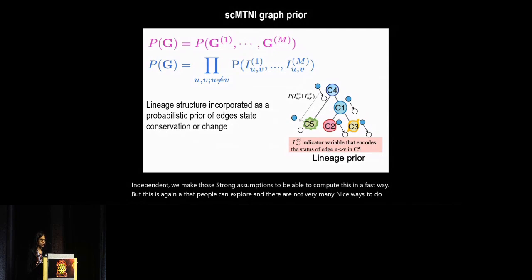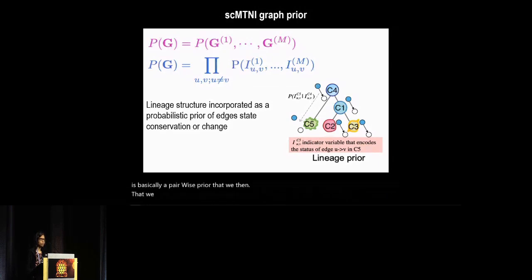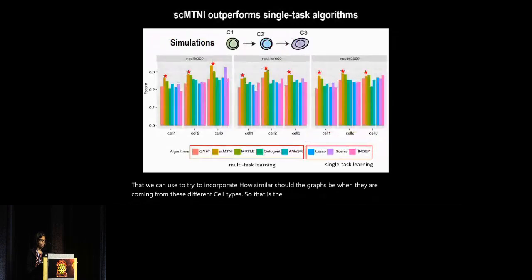But again, from an algorithmic point of view, I think it's very interesting. But what we have is basically a pairwise prior that we can use to try to incorporate how similar the graphs should be when they're coming from these different cell types. So that's the general framework, and we first again benchmarked it by looking at simulated data.